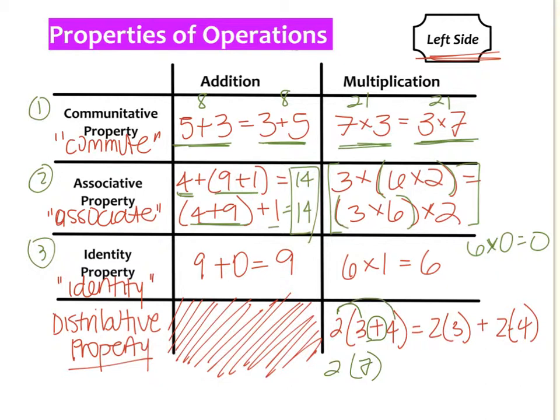Okay, so 2 times 3 is 6. 2 times 4 is 8. 6 plus 8 gives you 14. So that confirms the same answer that I got before by adding these 2. But you can also apply the distributive property where you're distributing, you're passing out the 2 to everything on the inside.